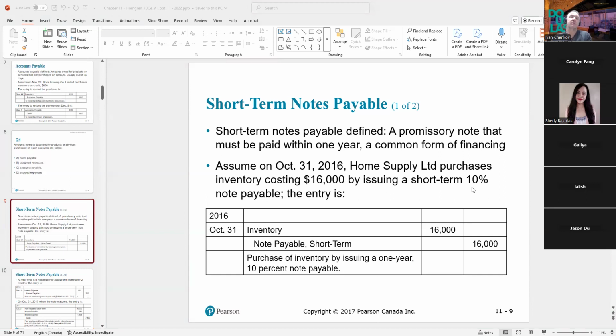One thing we have to make clear here is the 10% interest is always quoted on an annual basis. Is that clear? Every time you see an interest rate anywhere here on the text, on the slides or the textbook, that interest rate is applicable for 1 year. That's an annual interest rate. Make sense?